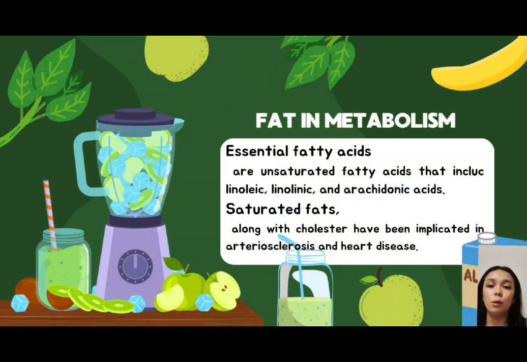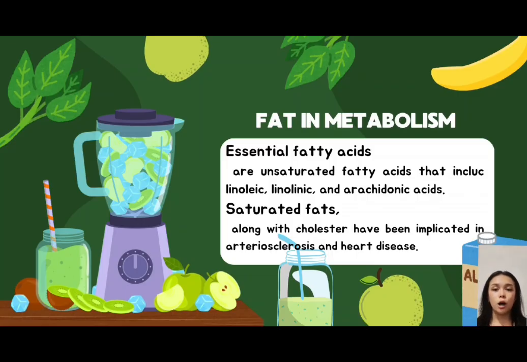Then let's proceed to essential fatty acids. So essential fatty acids are unsaturated fats that the body cannot produce on its own, so they must come from the foods we eat. Examples are linoleic acid, or omega-6, then linolenic acid, omega-3, and arachidonic acid.